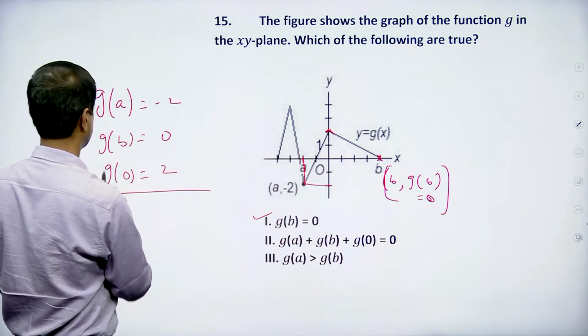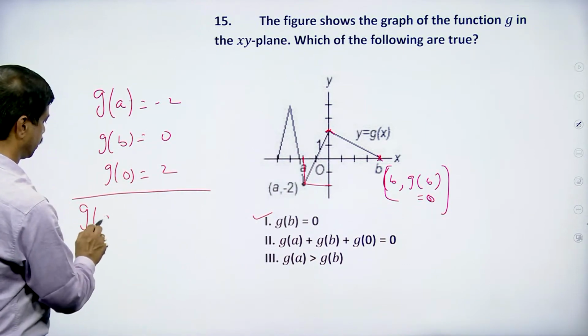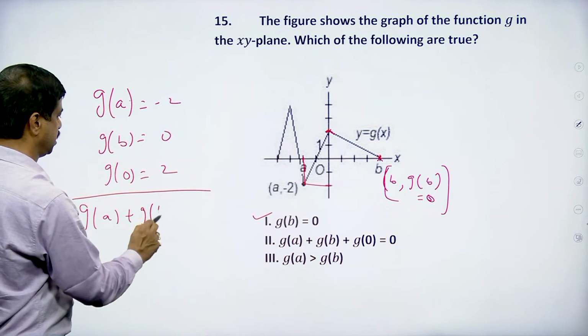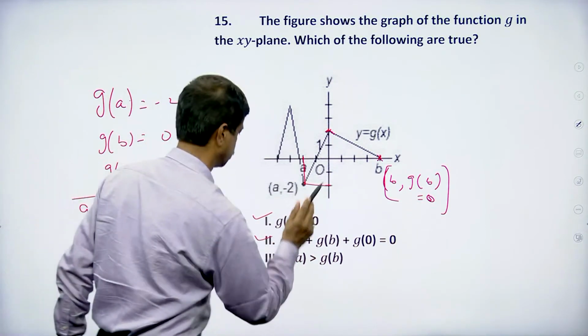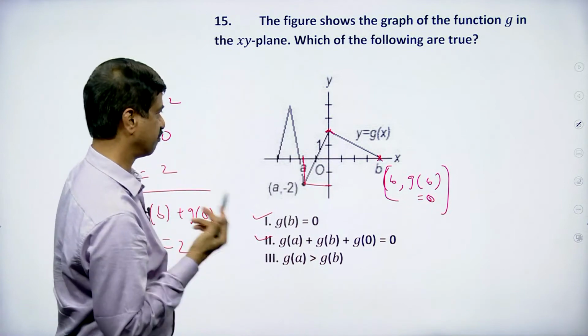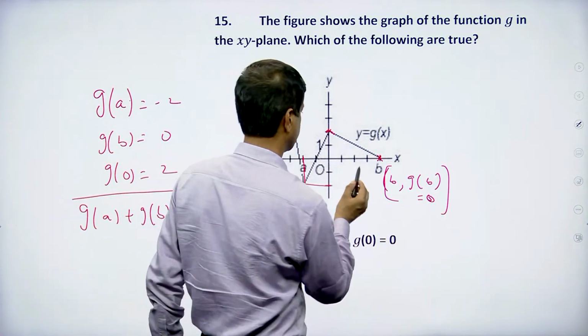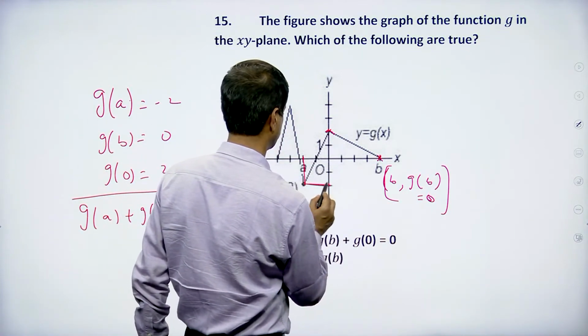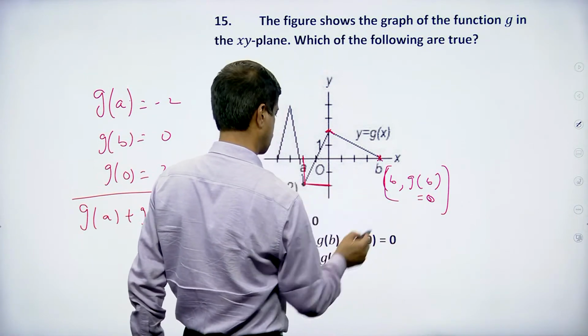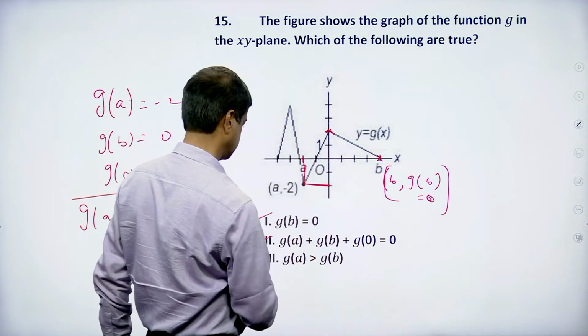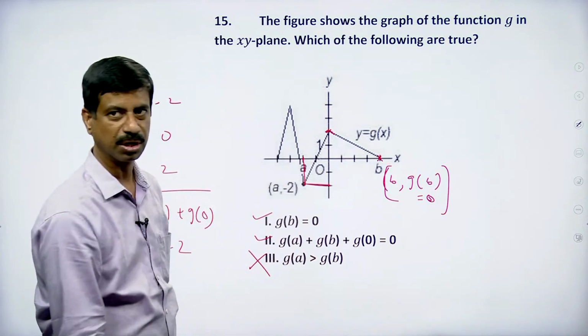So, if you add all the three things, g of a plus g of b plus g of 0 equal to 0. So, this is also right. g of a is greater than g of b. So, g of a is minus 2, g of b is 0. So, minus 2 is not greater than g of b. This is wrong, right, children?